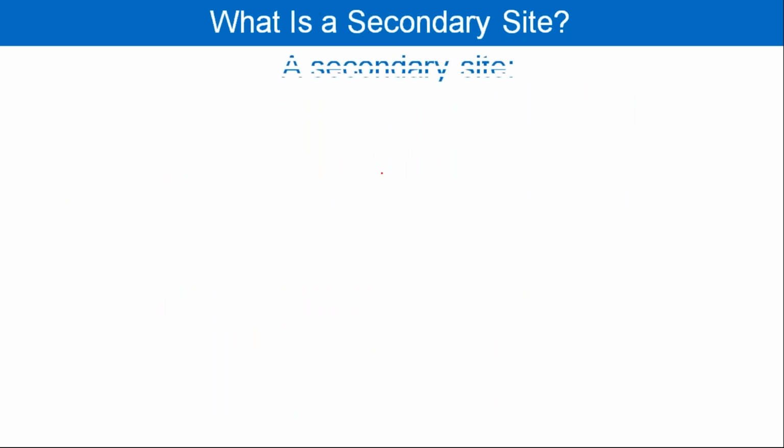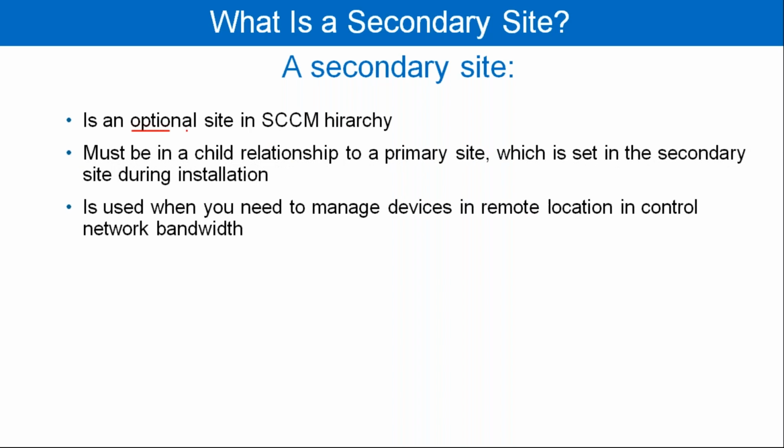Secondary site is an optional site. It cannot exist without a primary, so you have to have a primary site for a secondary to exist. Why do we need a secondary site? It is basically used when you have to manage devices in a remote location where you have low network bandwidth, so for branch offices.